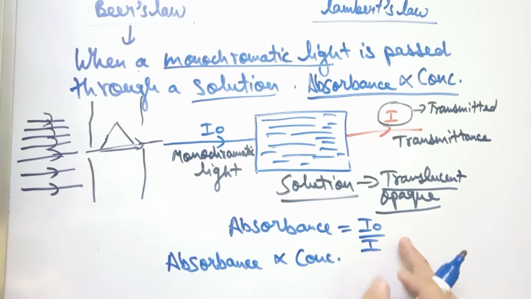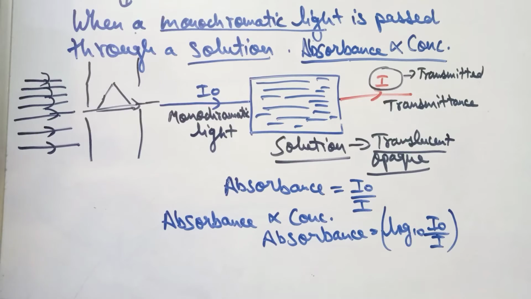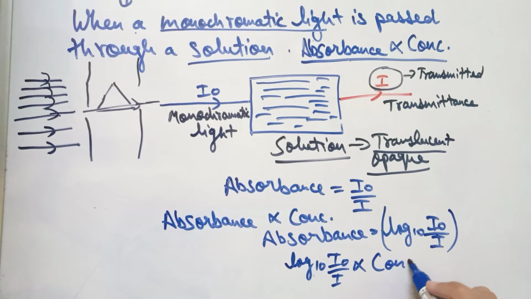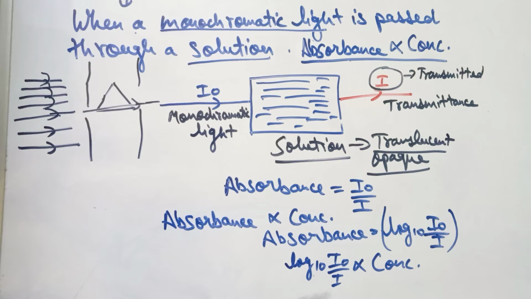When we take the log value, absorbance can be written as log base 10 of I naught by I. Now we can also write that log of I naught by I is directly proportional to the concentration of the solution, because the absorbance is already proportional to the concentration, and when absorbance is equal to this, this is also directly proportional to the concentration of the solution. So this is the total statement of Beer's law.